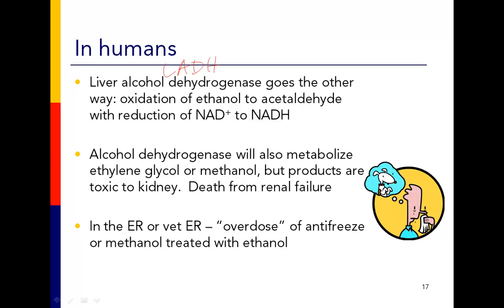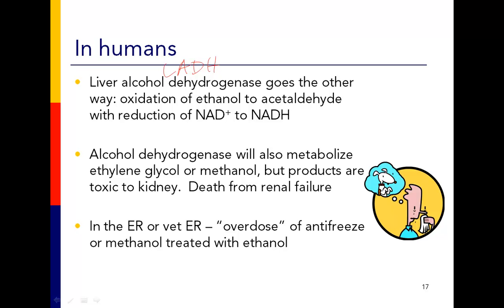Sometimes we call those enzymes that are not as specific for a certain substrate promiscuous enzymes. So they're happy to take more than one substrate. And so the problem is the metabolite of ethanol, acetaldehyde, isn't so bad for us. The metabolic byproduct of methanol or ethylene glycol is much worse for us.